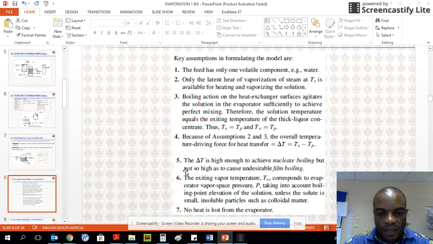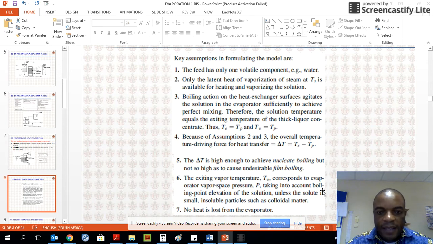Now, 5, the driving force is high enough to achieve nucleate boiling, but not so high as to cause undesirable film boiling. So we assume that there is just nucleate boiling being achieved there.